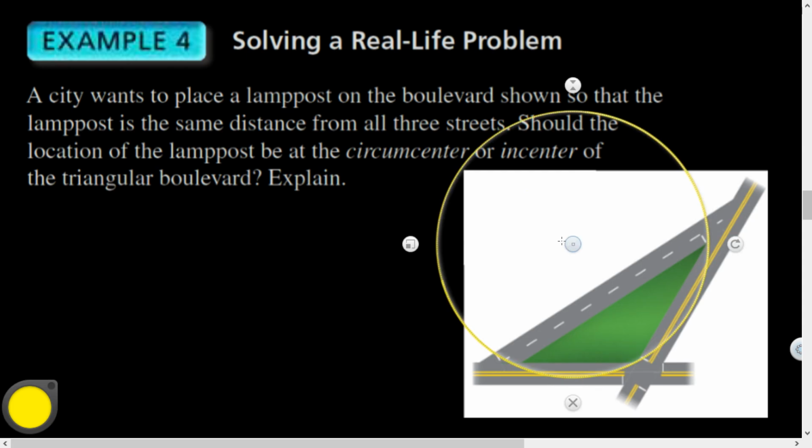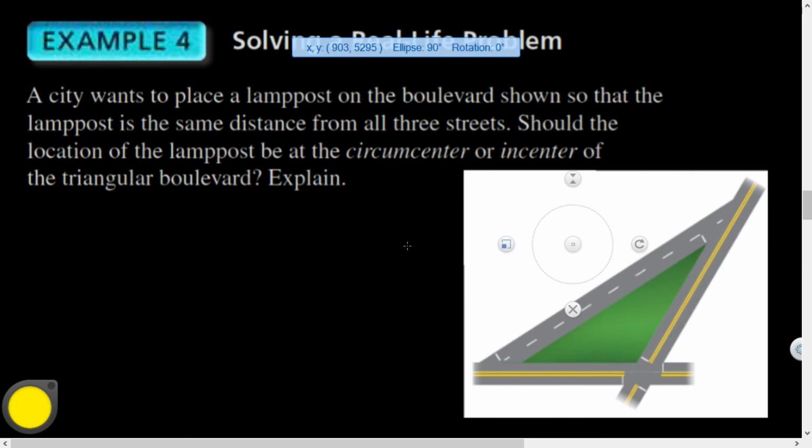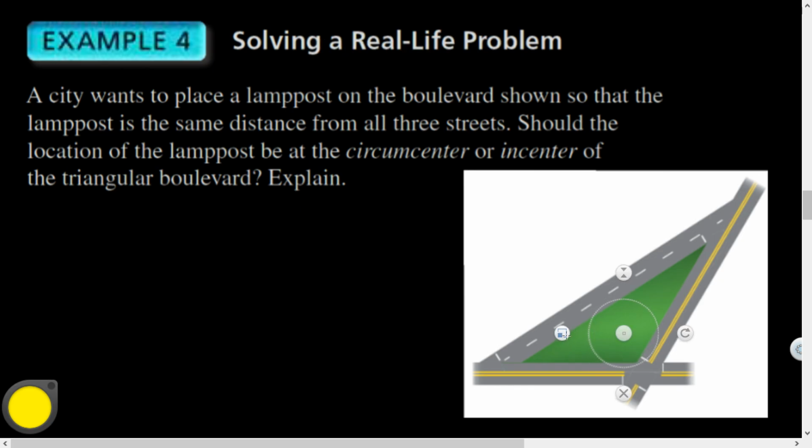That's not where I want it. The circumcenter is equidistant from the vertices. I want something that's equidistant from the streets. So I'd be looking for the incenter, right? Incenter would be my answer.